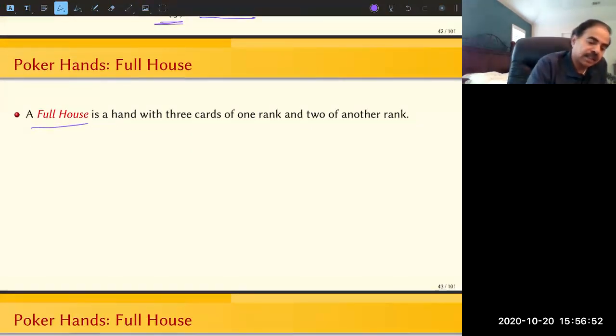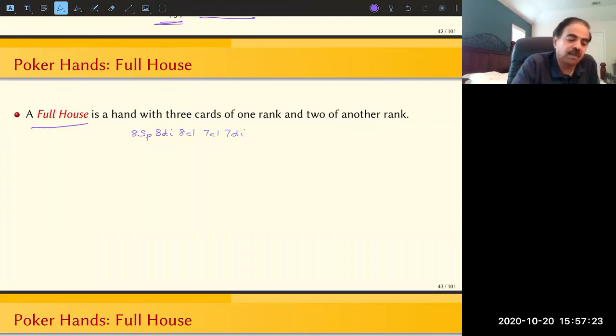So let us say that one example is 8 of spades, 8 of diamonds, 8 of clubs, and 7 of clubs and 7 of diamonds. So this is a full house, right? 3 cards of one rank and 2 of another, right?